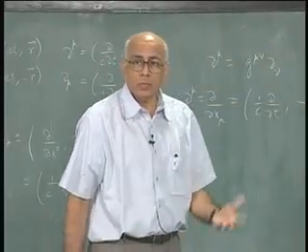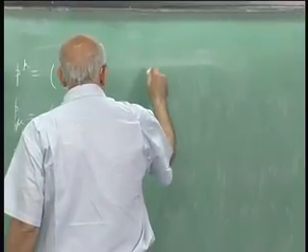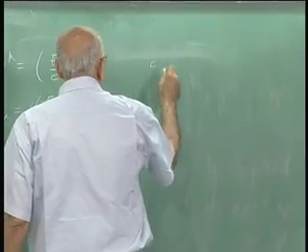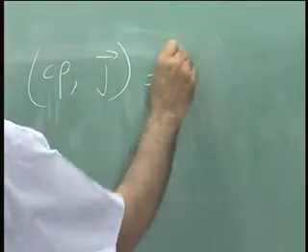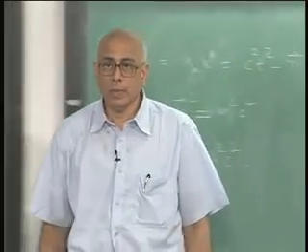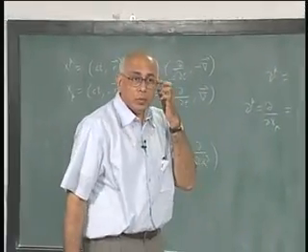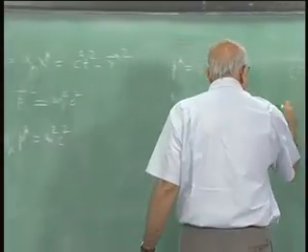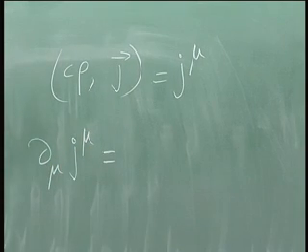Similarly, you look at some more rules here. We know that the charge density and the current form a 4-vector current J^μ. Together these are the natural quantities that combine to form a 4-vector current. Then what is ∂_μ J^μ equal to?